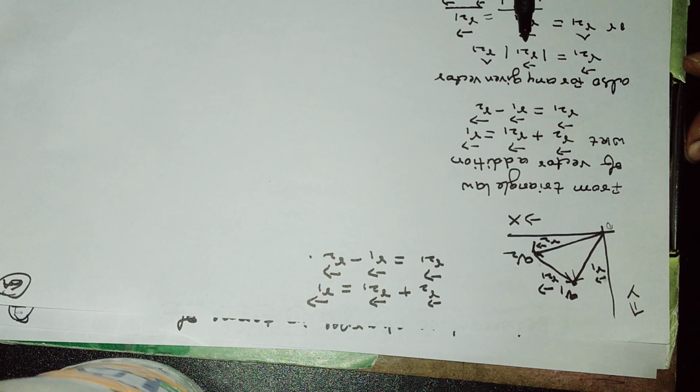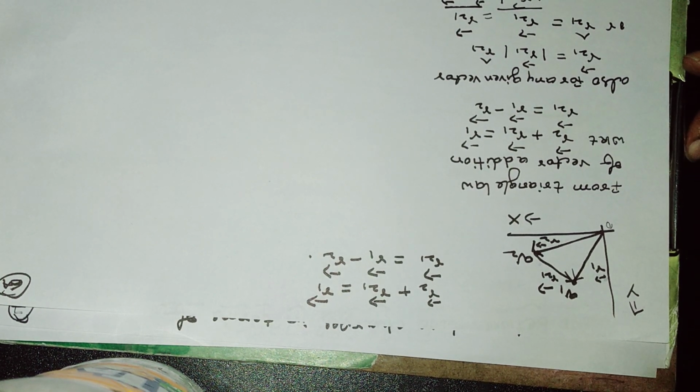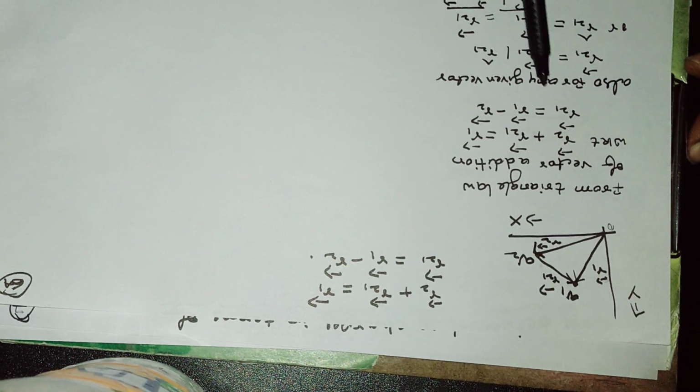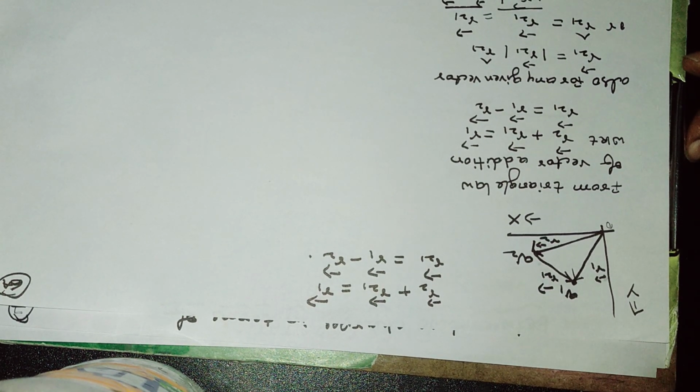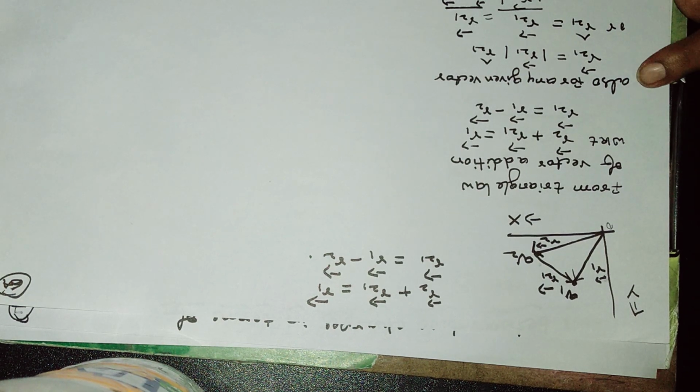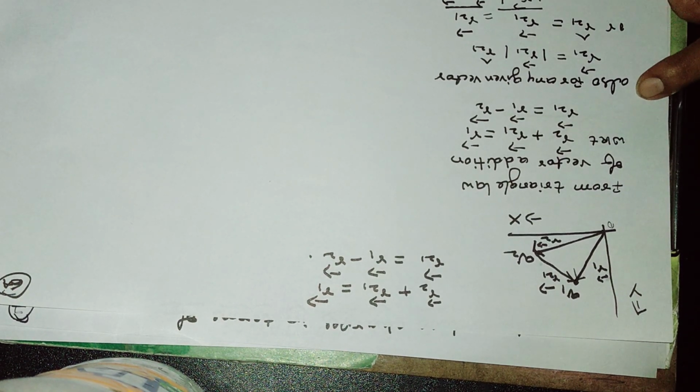Vector r21 may be written as the magnitude of vector r21 times the unit vector r21. Or you may write unit vector r21 as vector r21 divided by the magnitude of vector r21. But just now we wrote that vector r21 is given by r1 minus r2. So I may write that unit vector r21 is given by vector r1 minus vector r2 divided by the magnitude of vector r1 minus vector r2. This can also be written in such a way.